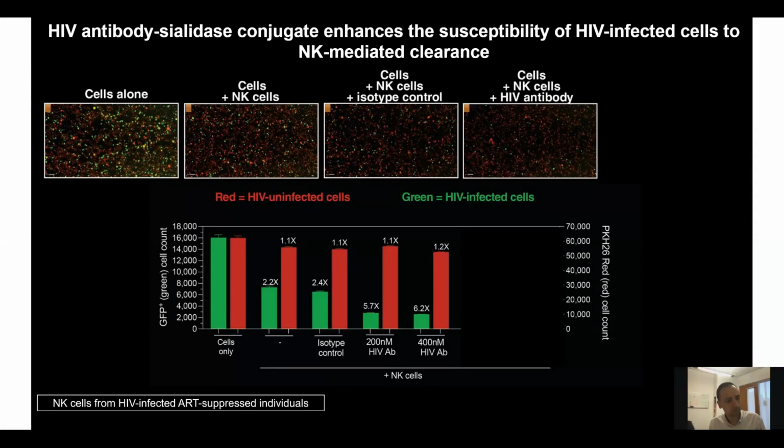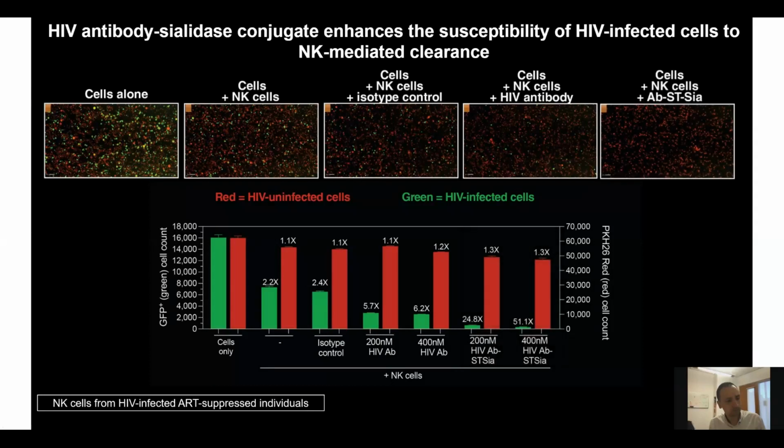And indeed, when we add the same concentration of the conjugate instead of the antibody, you can see the 5-6-fold reduction become 25 to 50-fold reduction, and you can barely see any HIV-infected cells in the culture. And most importantly, with very minimal impact, if there is impact at all, on HIV-uninfected cells in red.